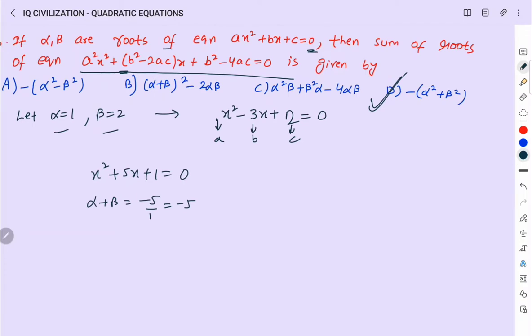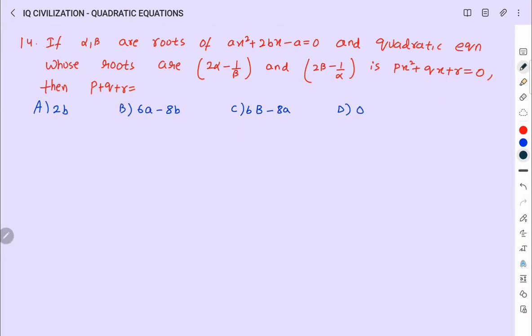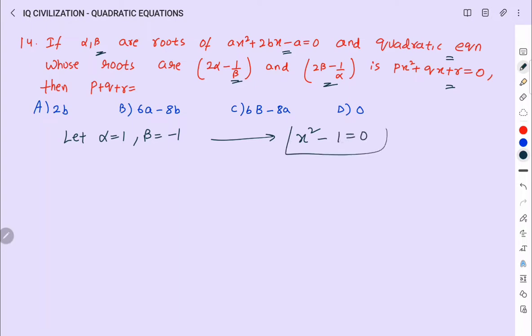Next one. So here is the next question. If alpha beta are the roots of this equation and quadratic equation roots are given, again let alpha equals to 1 and beta equals to minus 1. So what our equation becomes, x square minus of alpha plus beta into x, anyway 0, plus alpha beta, that is nothing but 1 equals to 0. Now I start comparing this one with this equation.